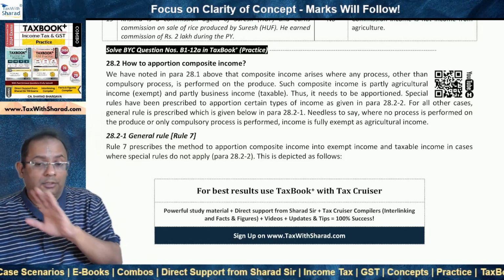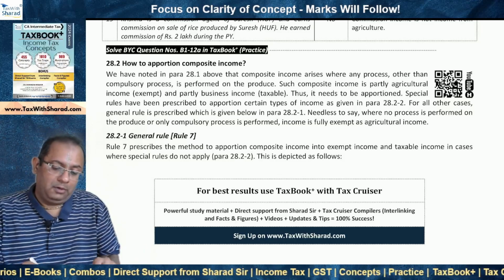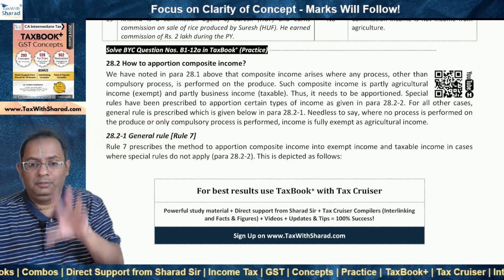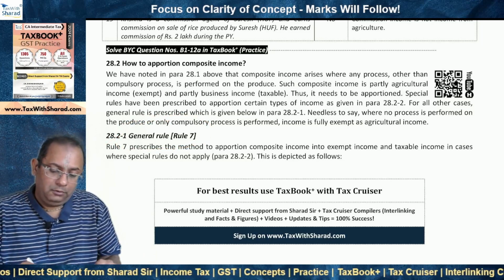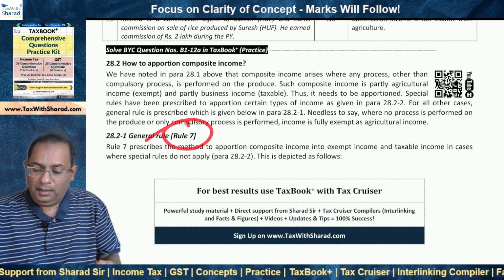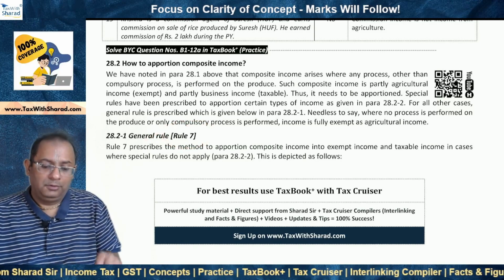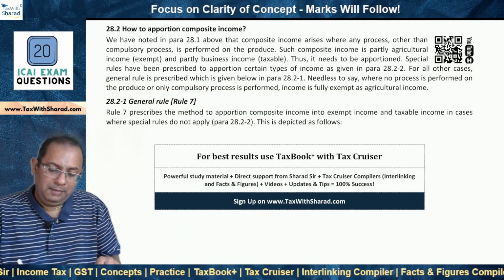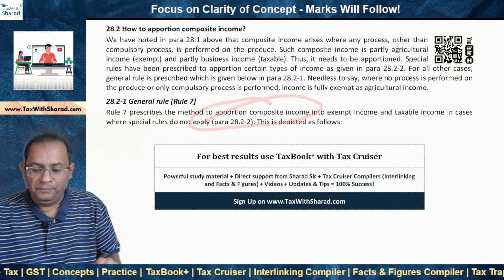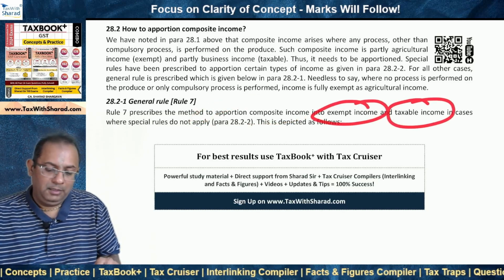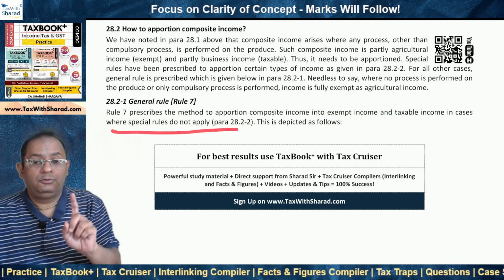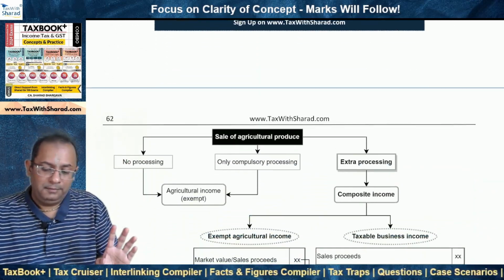If special rule does not apply at all, then we need to come to the general rule and make apportionment as per general rule. Now general rule is specified under rule 7. So this is rule 7, and it prescribes the method to apportion composite income into exempt income and taxable income in case where special rules do not apply. Clear?